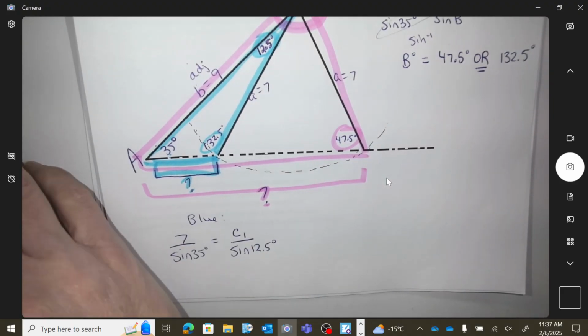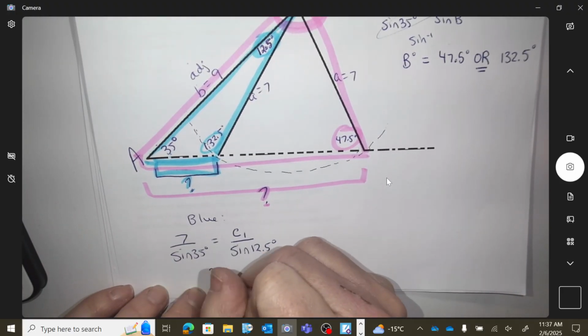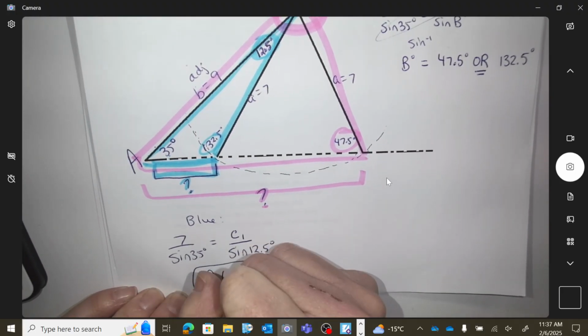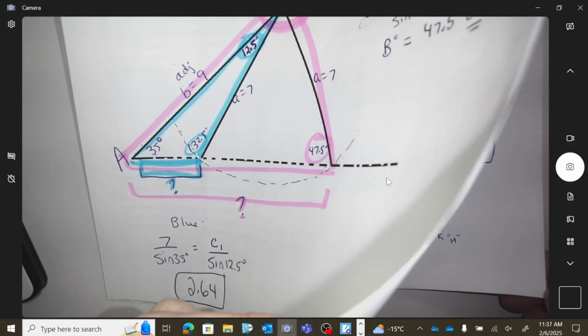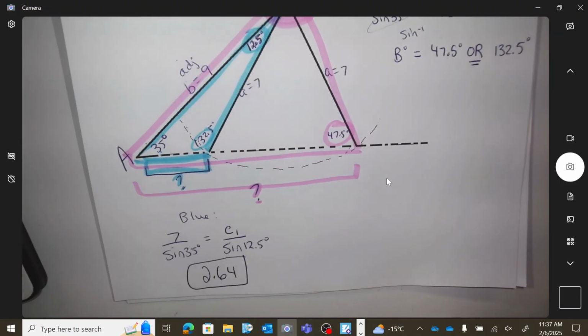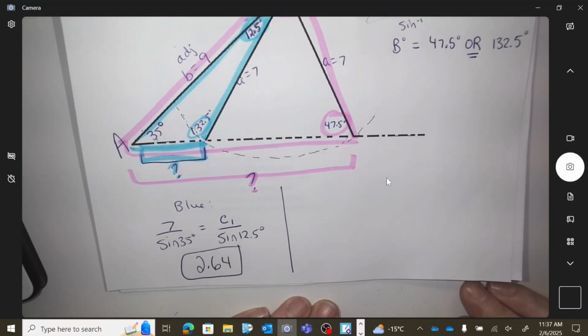Finishing it, it's got to have a times divide. .64 side.